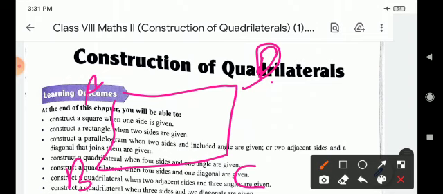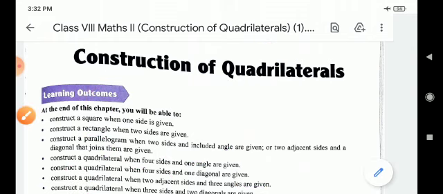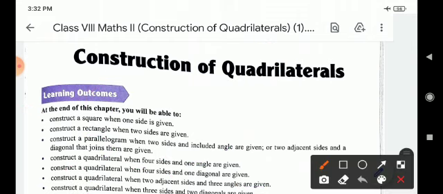In the figure, AB and DC are opposite sides, and BC and AD are opposite sides. In the given figure, AB, DC and BC, AD are two pairs of opposite sides.